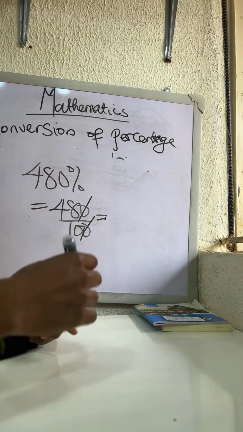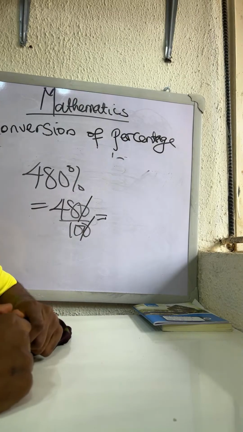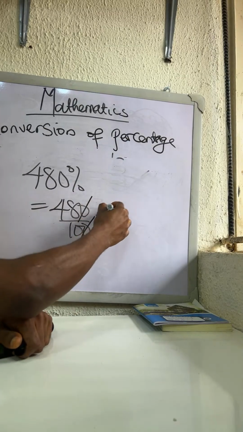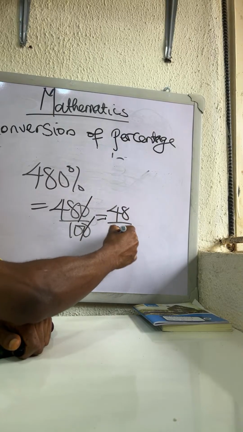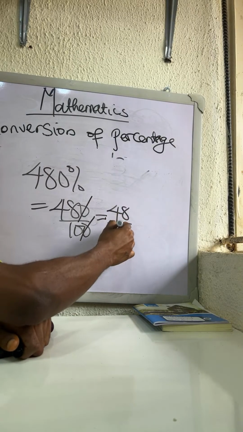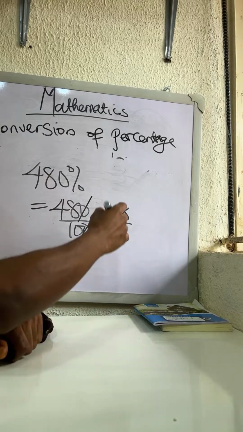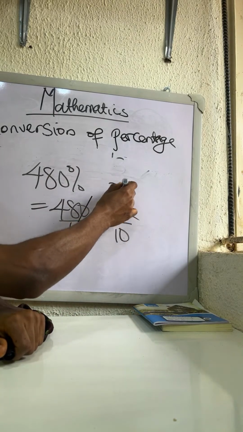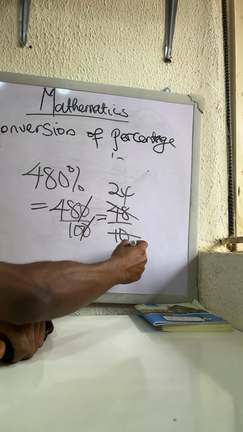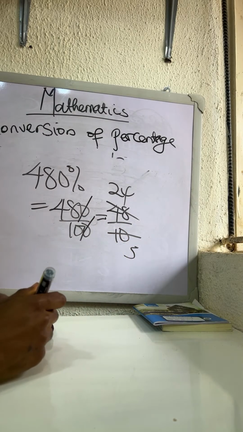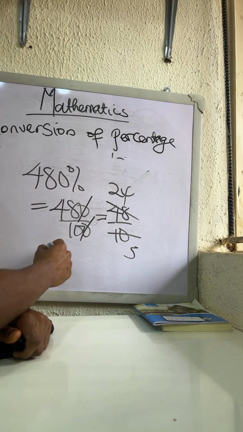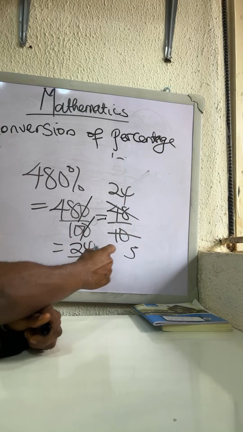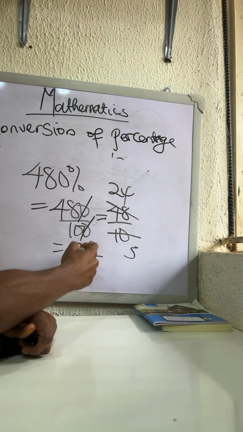That's dividing by 10. And then you do 48 over 10. 2 can divide 48 to get 24. 2 can divide 10 to get 5. So what do you get as the last answer? 24 over 5. Okay?